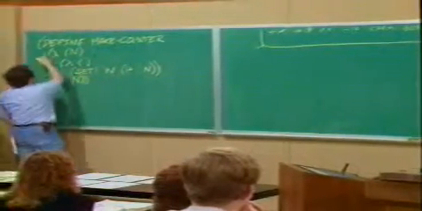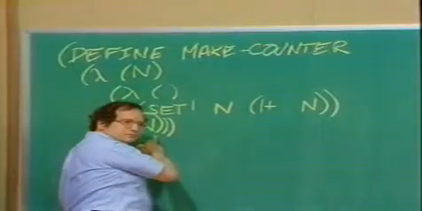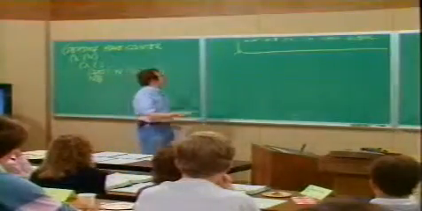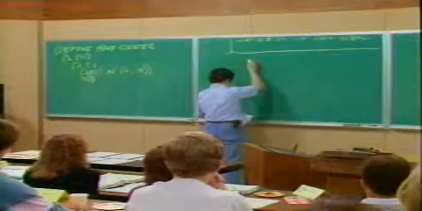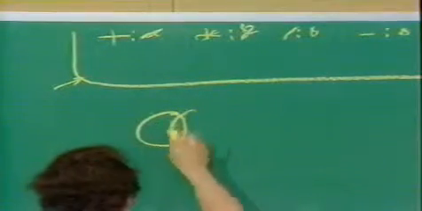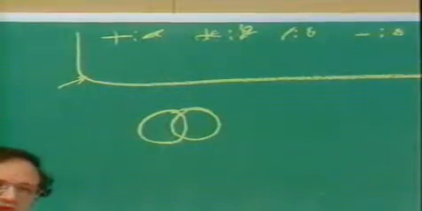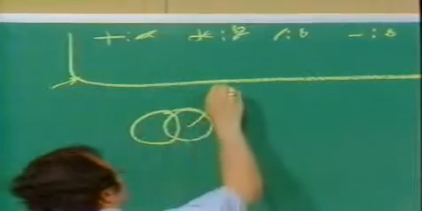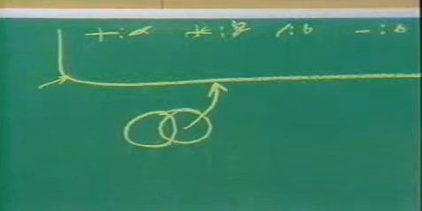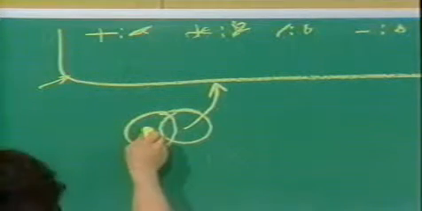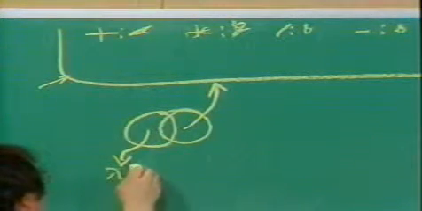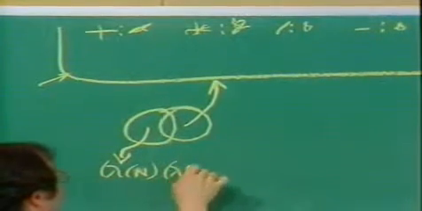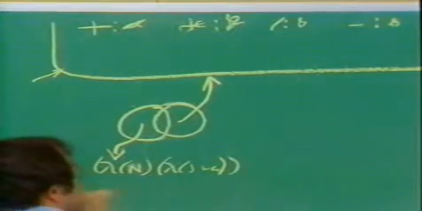In order to do that, I have to evaluate this lambda expression. That means I make a procedure object. And the procedure object has as the place it's defined the global environment. The procedure object contains some code that represents a procedure of one argument n, which returns a procedure of no arguments, which does something.